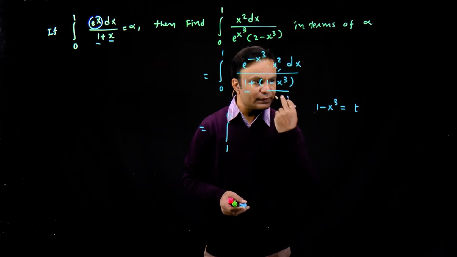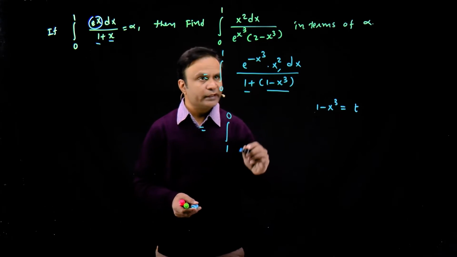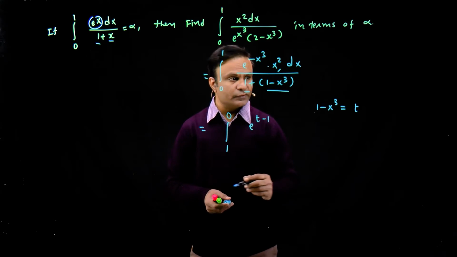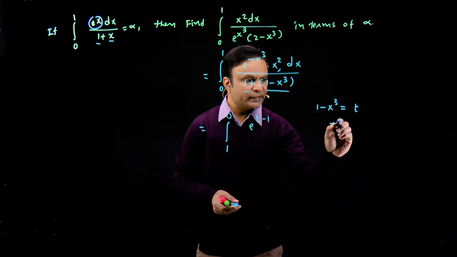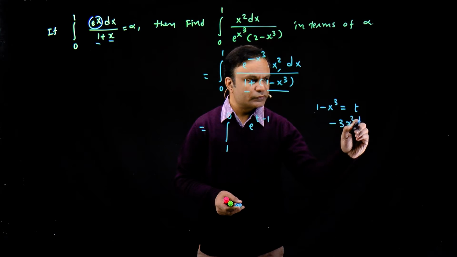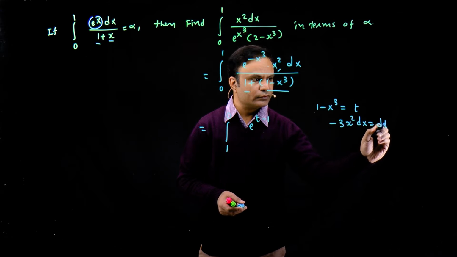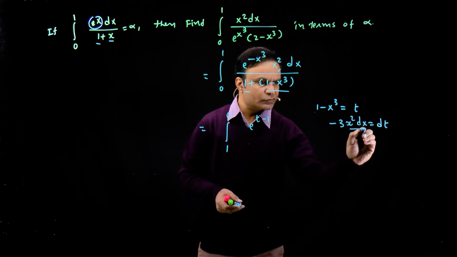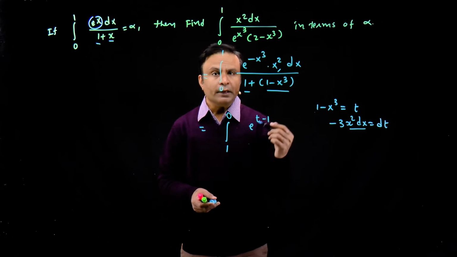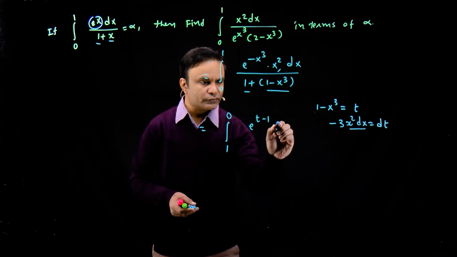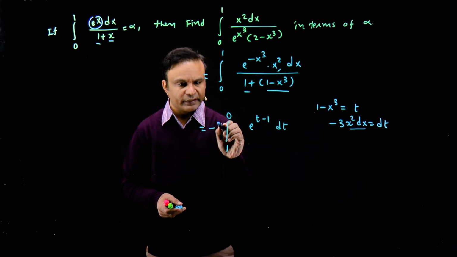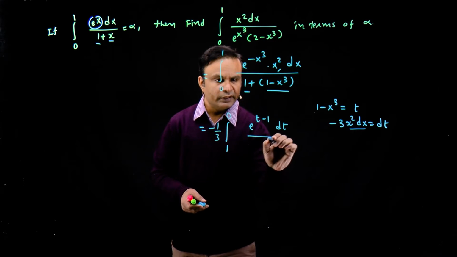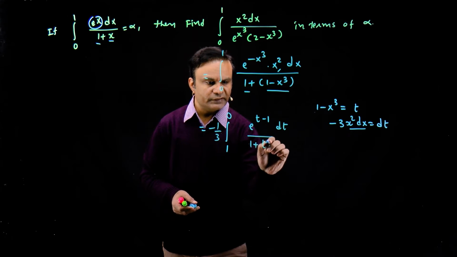From this we have minus x cube is equal to t minus 1. So I have here e power t minus 1. By differentiating this I get minus 3x square dx is equal to dt. So what is x square dx? It is actually minus dt upon 3. So I have here dt and minus 1 upon 3 outside integration sign, and in denominator I have 1 plus t.